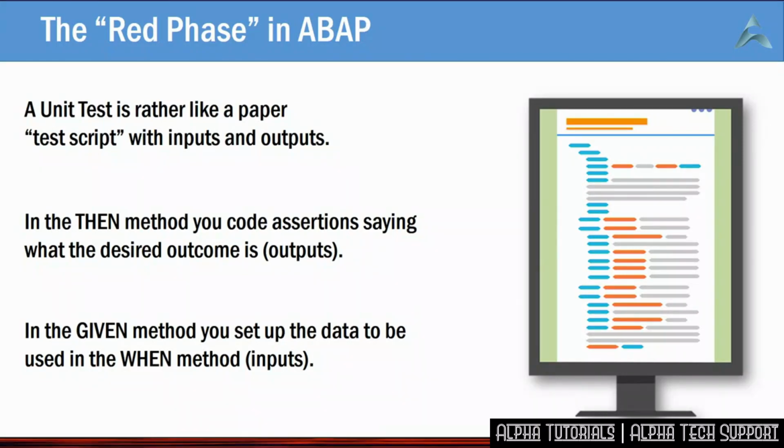Then in the given method, you set up the data that's going to be used in the test. This involves test doubles 99% of the time. It's possible to manually create local classes which are test doubles, but in this example, we're going to use the SAP recommendation and have the test double framework automatically generate the test doubles for us.